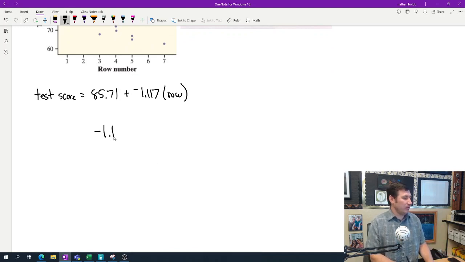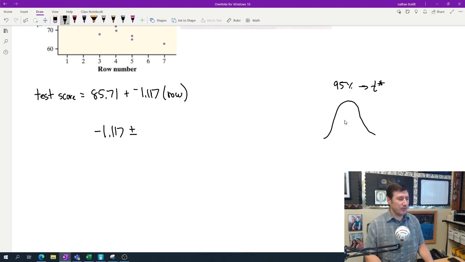Negative 1.117 plus or minus. All right, we want a 95% confidence interval. So we have to find the T star for that. And so, I don't know, you probably hopefully don't need to draw a picture anymore, but I am going to.